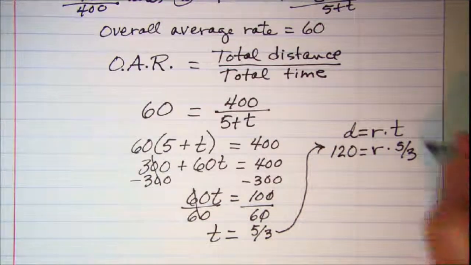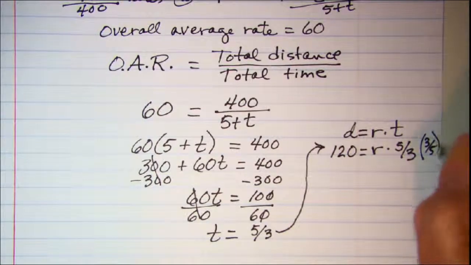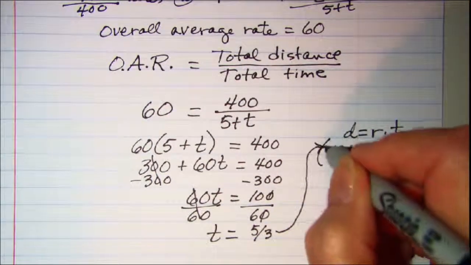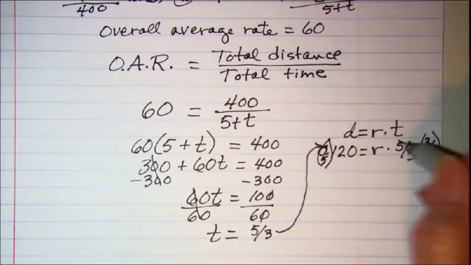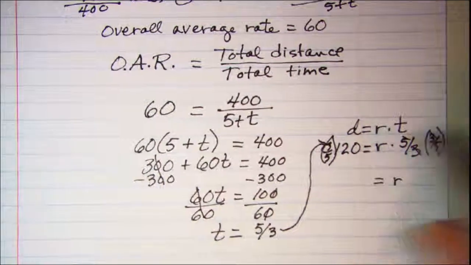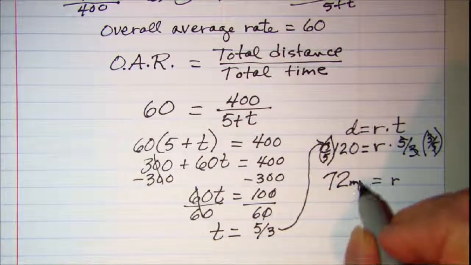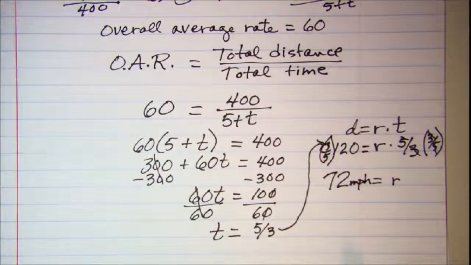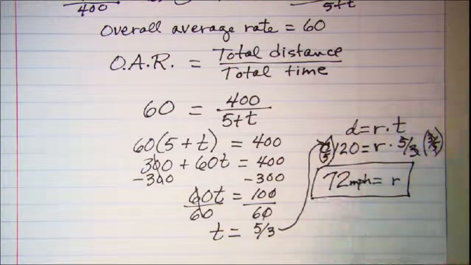So I'll multiply both sides by the reciprocal, 3/5. These cancel, and I have r is equal to 72. So I have to drive 72 miles per hour on that last part of the trip.